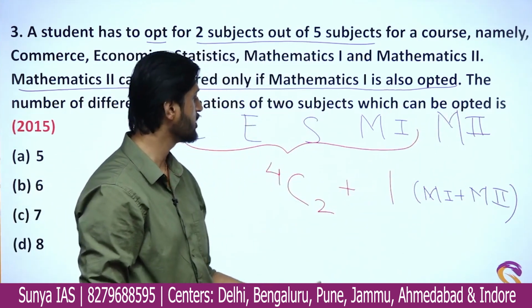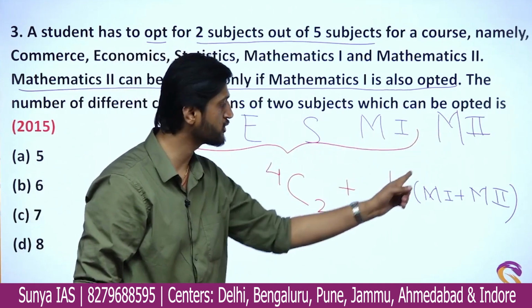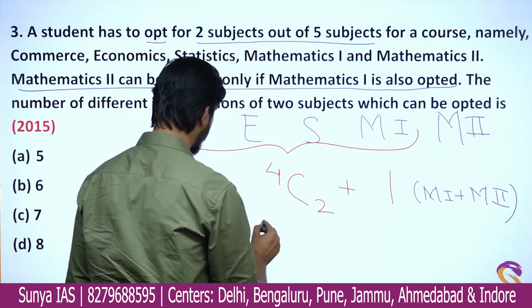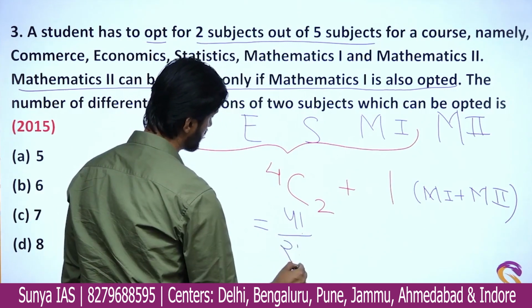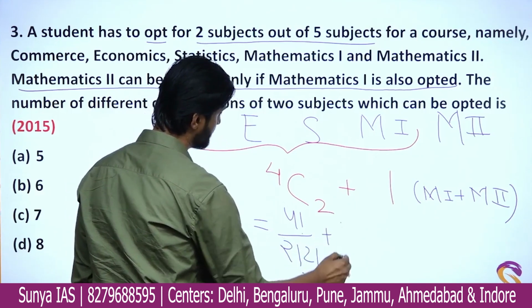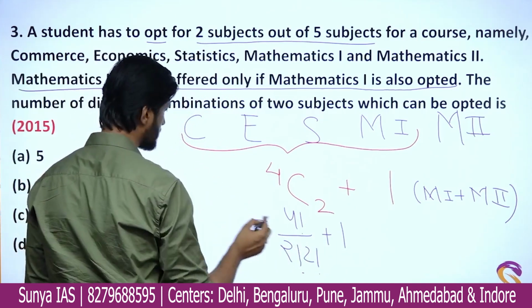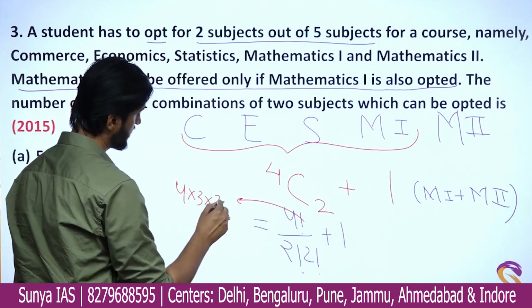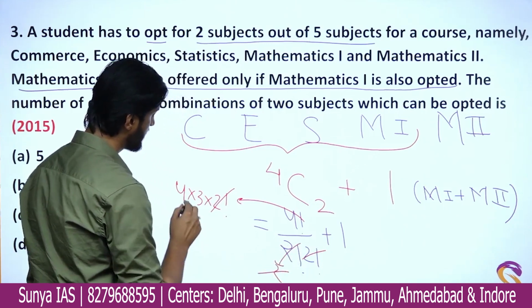So either you can choose by these ways out of these 4, or there is only one way, we choose both of them. So just simply add them. We have 4C2, which is nothing but 4 factorial by 2 factorial 2 factorial, plus 1. Actually this 4 factorial you can rewrite like this: 4 into 3 into 2 factorial, cancel this out. 2 factorial is again nothing but 2, cancel this also out.